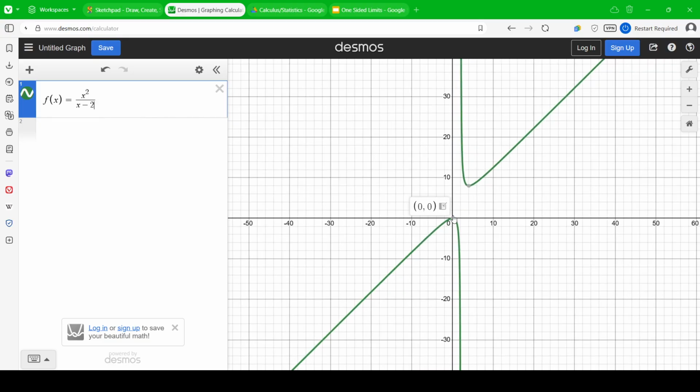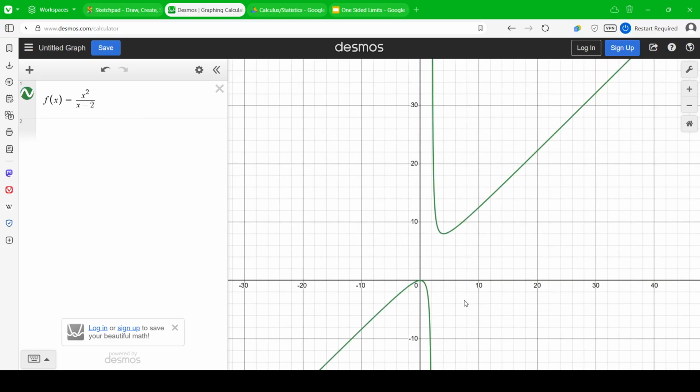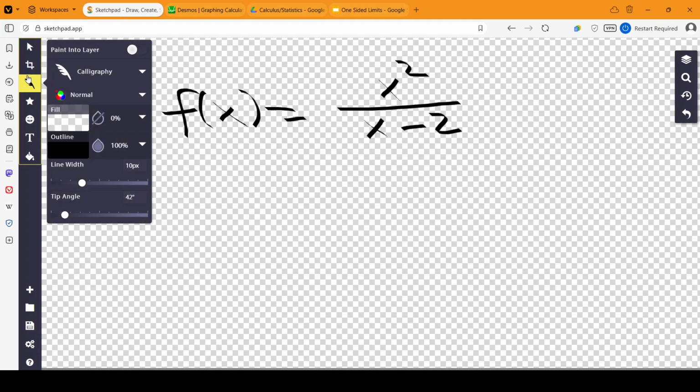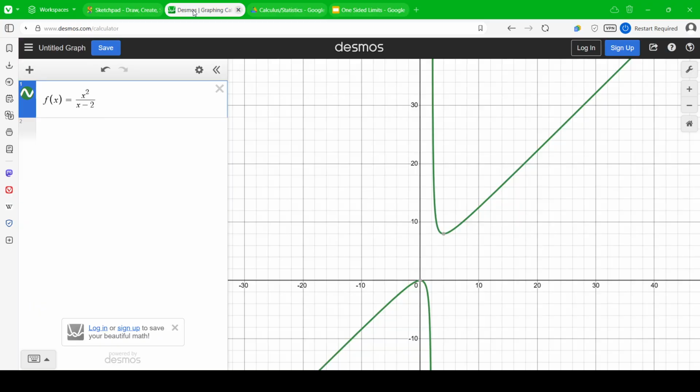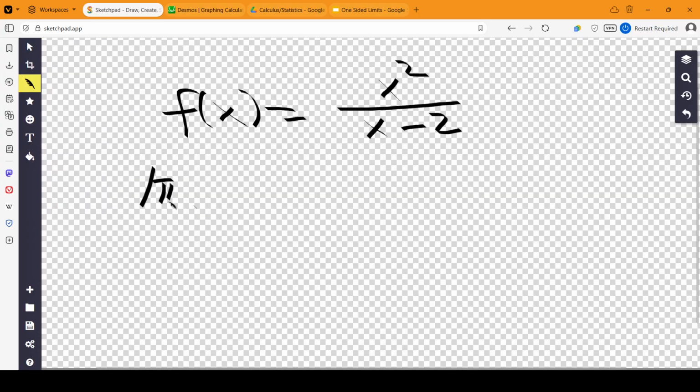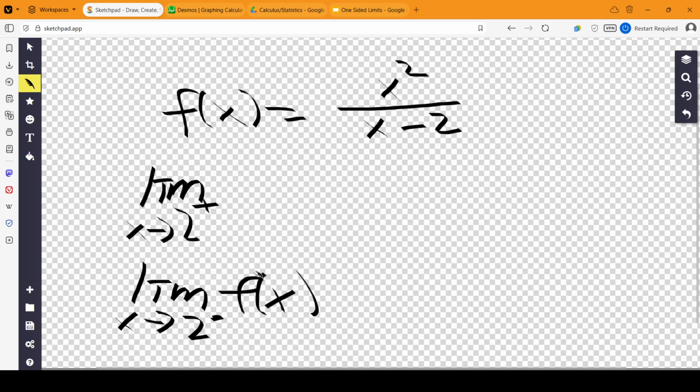And we see here that they approach two different values again, so therefore we must use the one-sided limit, because since they don't approach the same value as x approaches positive 2, there is no limit, and we're going to have to evaluate one-sided limits. So as x approaches 2 from the positive side, the right side, and x approaches 2 from the left side.